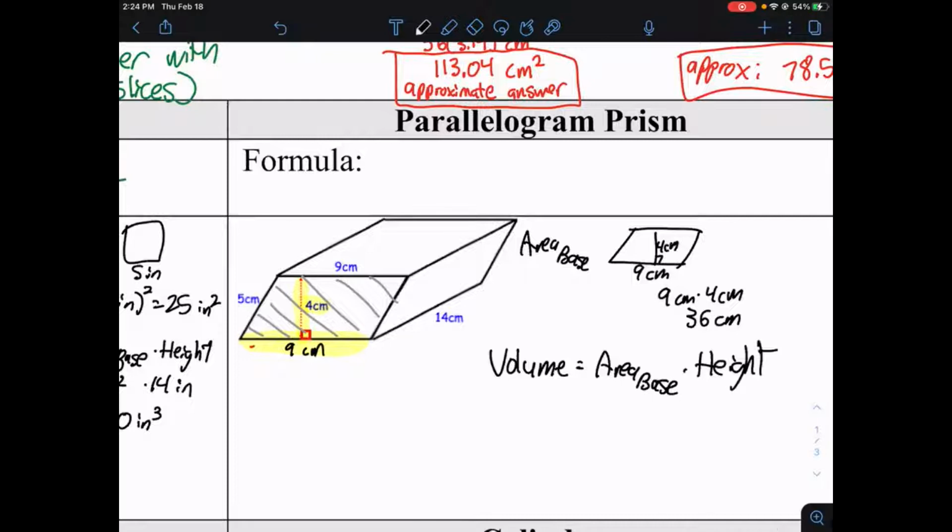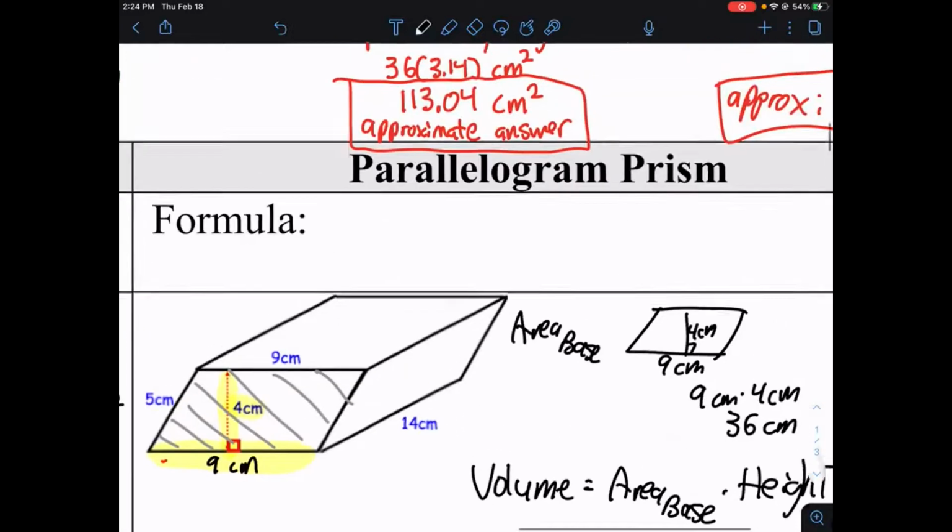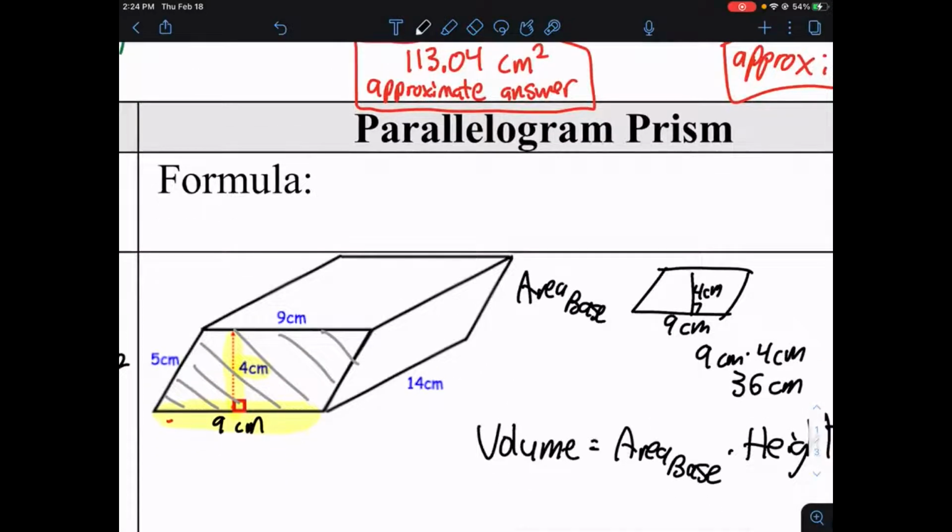Okay, so again, we need to see which of these numbers is the height of the shape. Remember, for height, we are connecting the two faces to each other. So we've got the front face, and the opposite side would be the back.